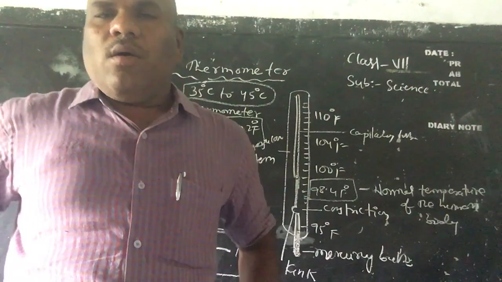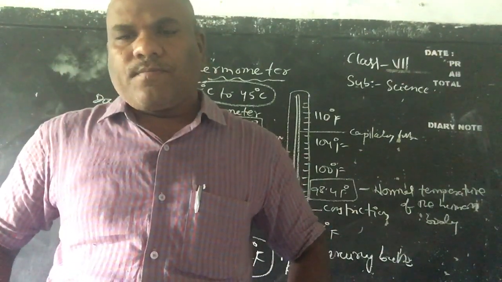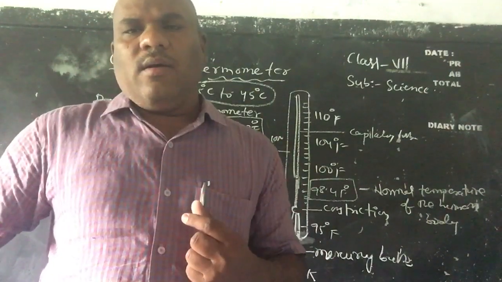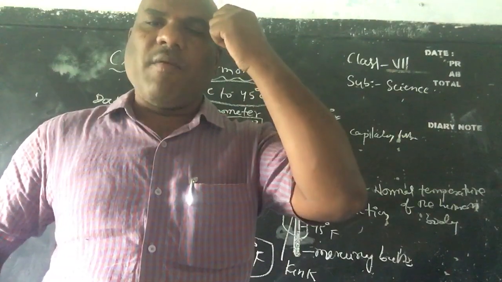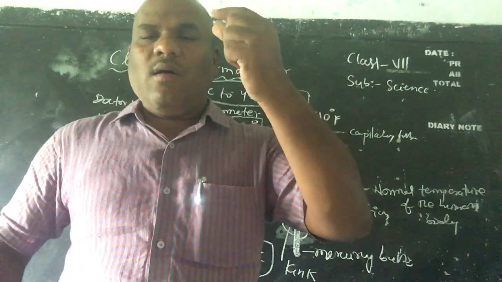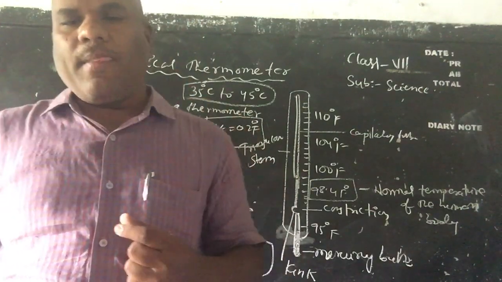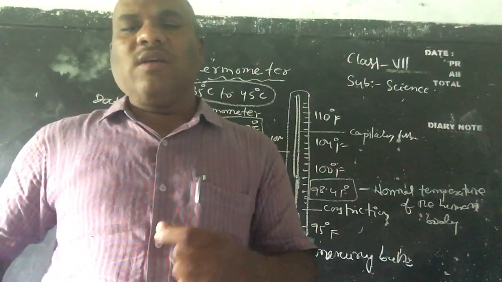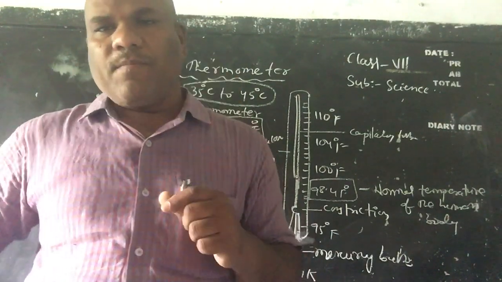So, children, how can we use a clinical thermometer? How can we measure the temperature of the human body by using a clinical thermometer? Children, before you start measuring the temperature of the human body, first we have to wash the thermometer, preferably with an antiseptic solution.